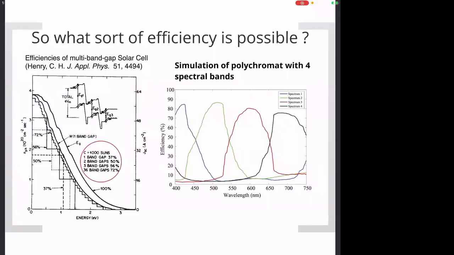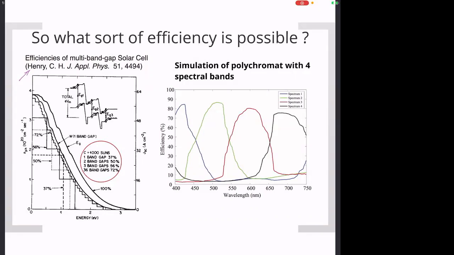But then the question is, how much more can we do? What sort of efficiency is actually possible? Now, it turns out this is an old idea. This was actually studied in a very important paper by Henry out of Bell Labs, I think in the early 1980s, where he calculated essentially what is the possible efficiency of a solar cell by either doing spectrum splitting or using multiple band gaps.